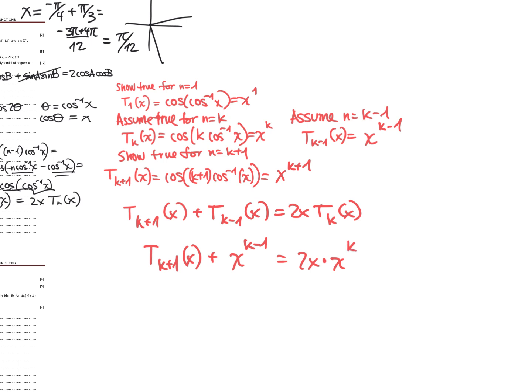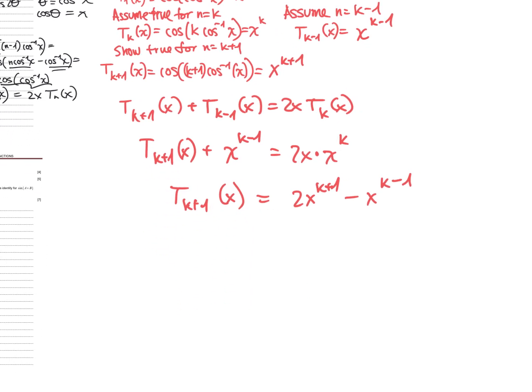All right, so now, T_(k+1) is going to be 2x to the k plus 1 minus x to the k minus 1. And if we factor out x to the k plus 1, that's going to be 2 minus x to the negative 2. So when you add the exponents, it's going to be k minus 1.